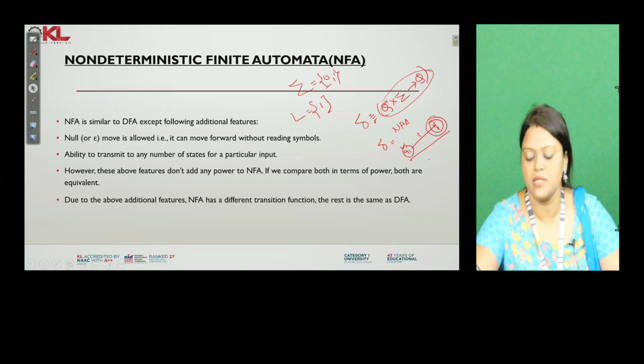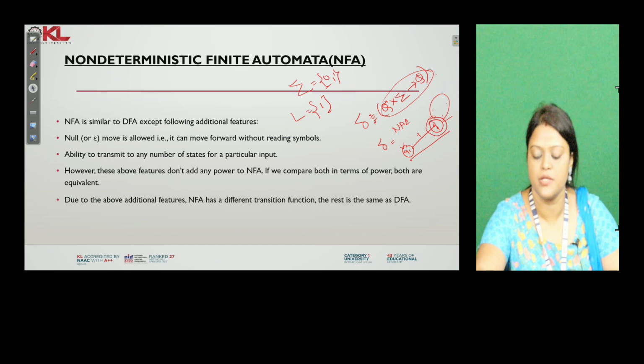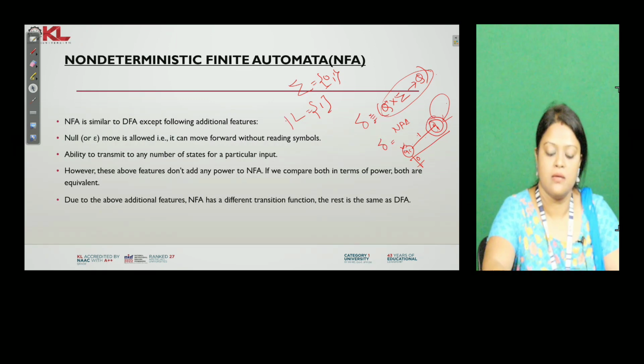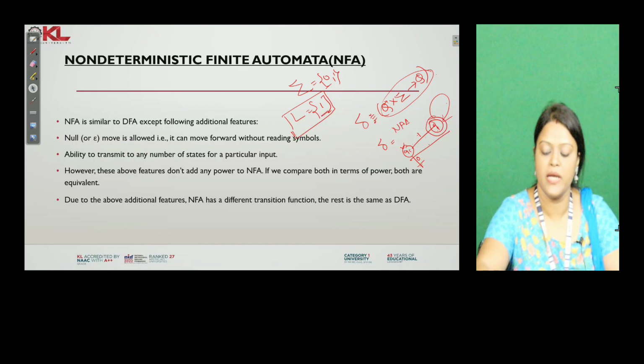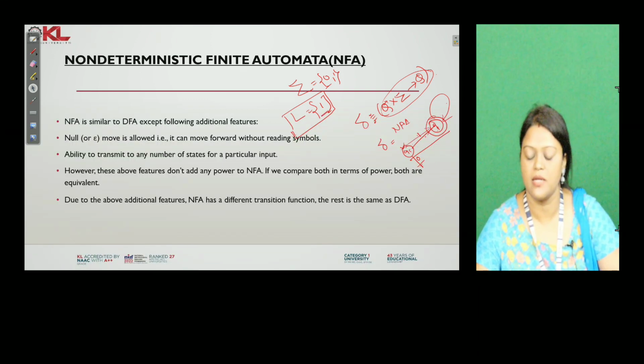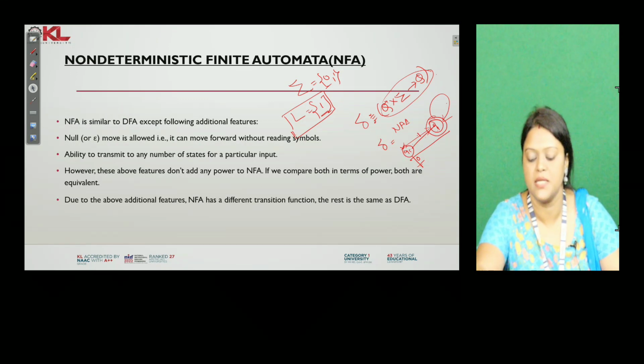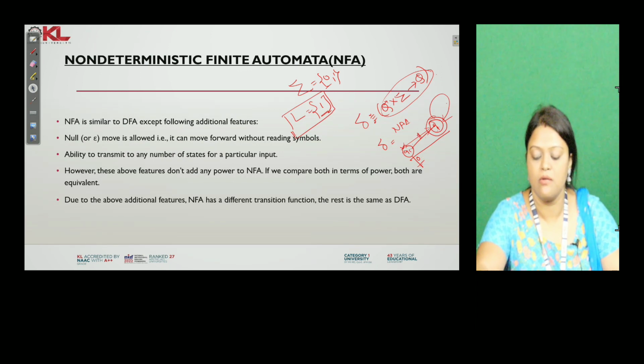We are not considering any input for 0. The only thing is that if there is one input by which we can get the expected output by at least one string, then it is accepted by the NFA. That means here from Q0 to Q1 we are going through 1, and it is a final state, that means it is accepted, so we don't need to bother about anything else.